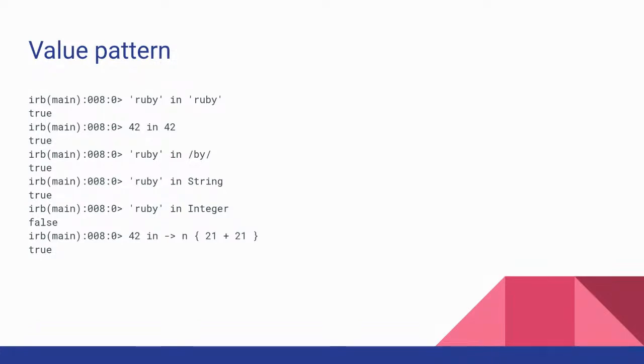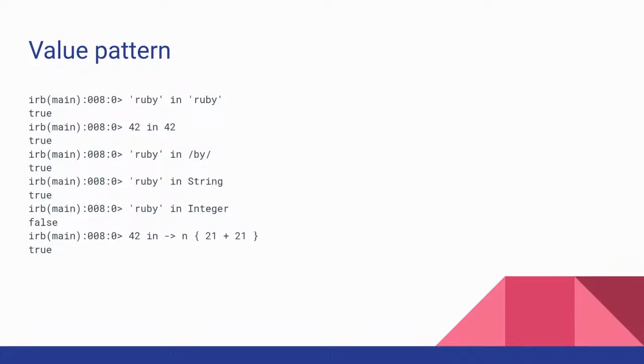A short example could be a range in Ruby. When we're comparing a range using the triple equals operator with a single value, we're actually asking if this range contains the value I'm passing. It would be like using the include? method in Ruby.